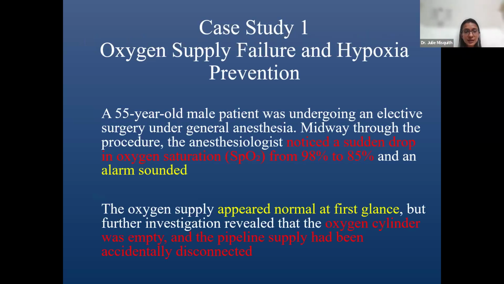Midway through the procedure, the anesthesiologist noticed a sudden drop in oxygen saturation from 98 to 85%, and an alarm sounded. The oxygen supply appeared normal at first glance, but further investigation revealed that the oxygen cylinder was empty and the pipeline supply had been accidentally disconnected. However, due to early identification, the patient did not have any hypoxia.